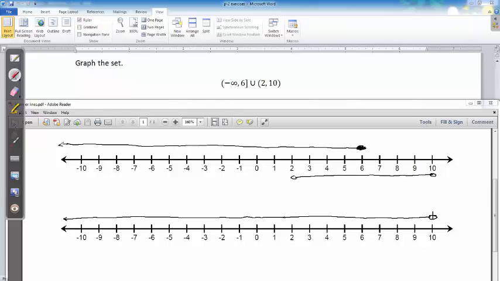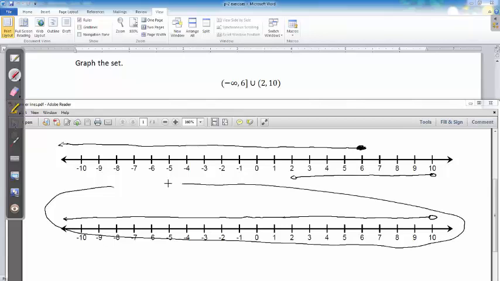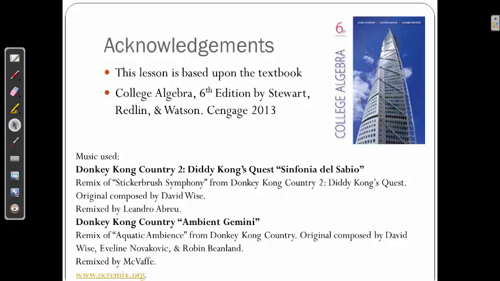And it shouldn't include 10 because there's a parentheses on 10. And that should be the whole set. So this is the answer. The top is just scratch work. And that'll finish us off on this lecture and this section.